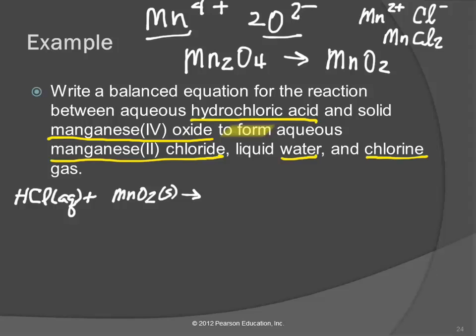So I'm making manganese 2 chloride, and that was aqueous. Liquid water, what's the formula for water? H2O. Gotta memorize that one. And chlorine gas. Is chlorine a diatomic element? Horses need oats for clear brown eyes. Clear, Cl, chlorine, 2. And a G.